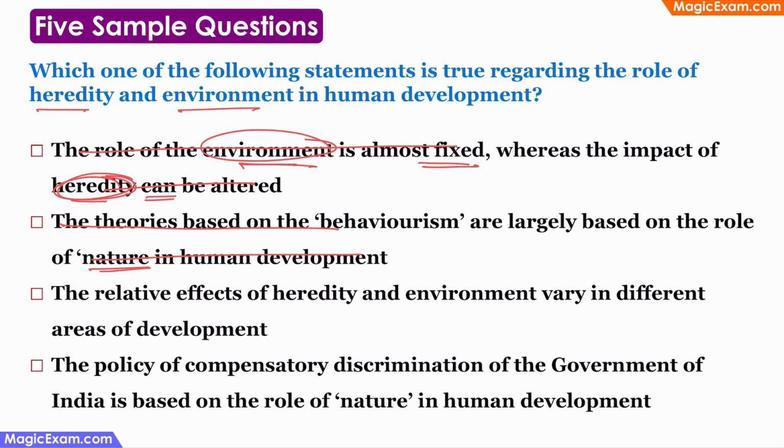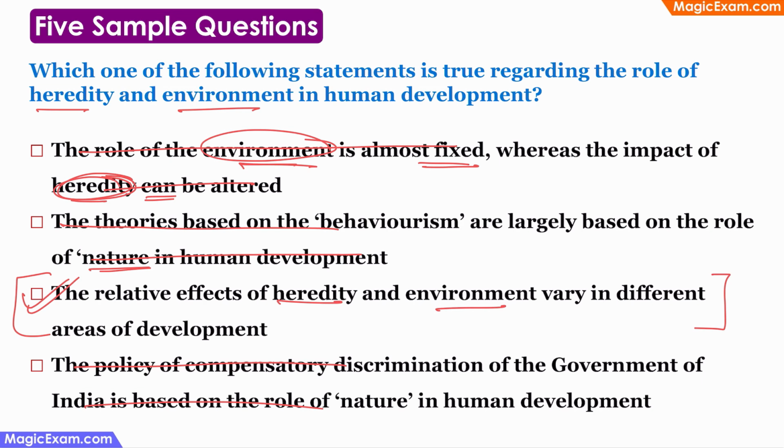Now this again is incorrect because if you look at most of the policies, they are based on nurture and not nature, right? Therefore, the last one is also incorrect. Now the third statement, which says that the relative effect of heredity and environment vary in different areas of development, is the correct statement and the answer to this question, because heredity affects physical development more, whereas environment affects physical development and all the other aspects of development as well.